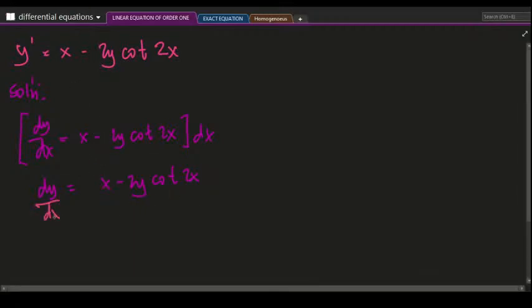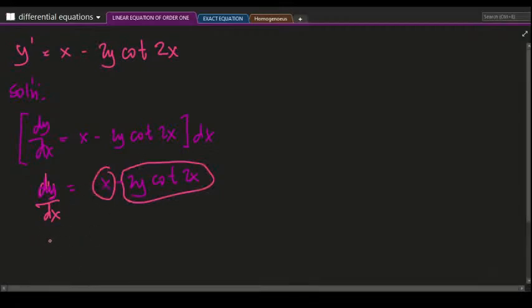So we go back here with dy/dx. We will try to determine in this equation our a of x, b of x, and c of x. Our independent variable is x, and our dependent variable is y. So this is our b of x, and this is our c of x.